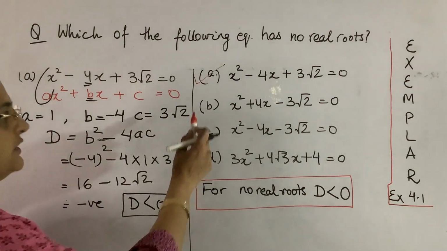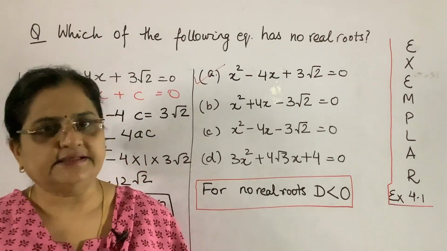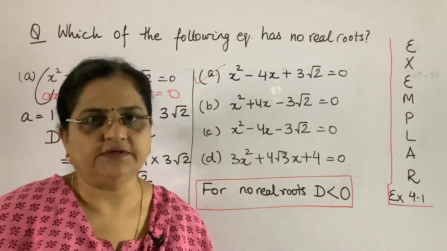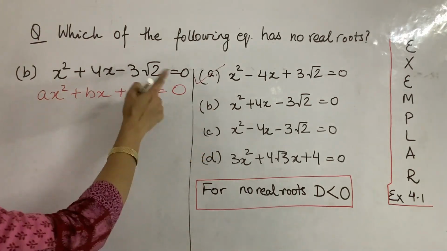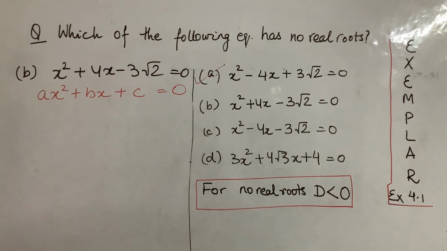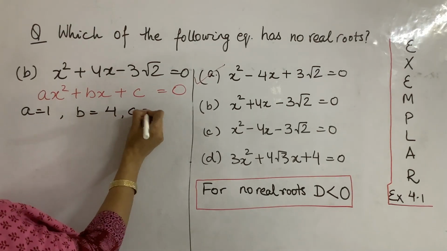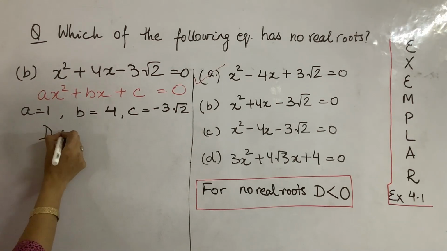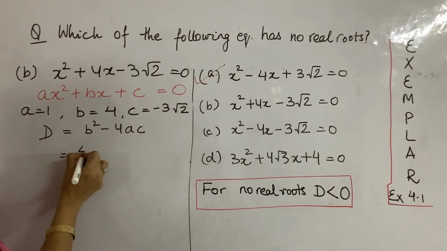But we will have to work out the other equations as well. बाकियों को भी एक बार solve करके देखते हैं. ऐसा तो नहीं कि more than one answer is correct. So let us solve the next one. Let us see part B. So part B is x square plus 4x minus 3 root 2 is equal to 0. On comparing with ax square plus bx plus c, we get a is equal to 1, b is equal to 4 and c is equal to minus 3 root 2. Now we have to find out d. This is b square minus 4ac.